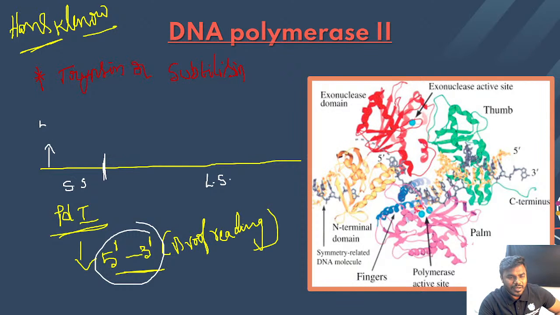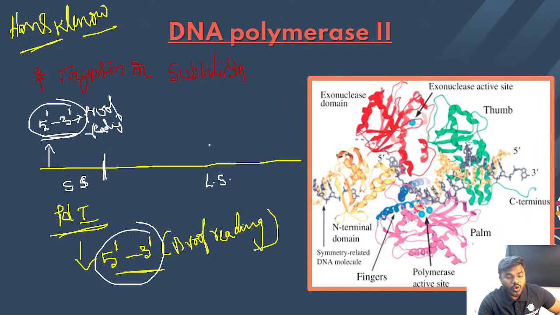That particular 5' to 3' proofreading is exclusively mediated by this small segment only, which cannot be possessed by the other.